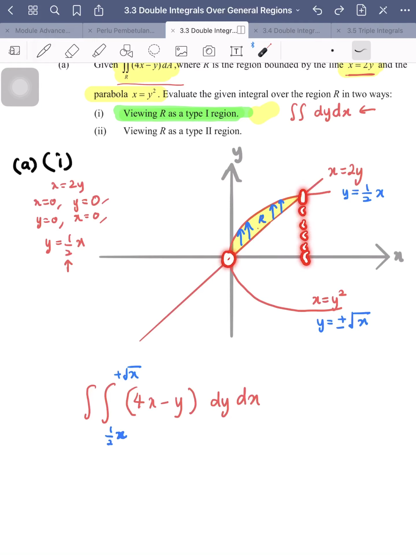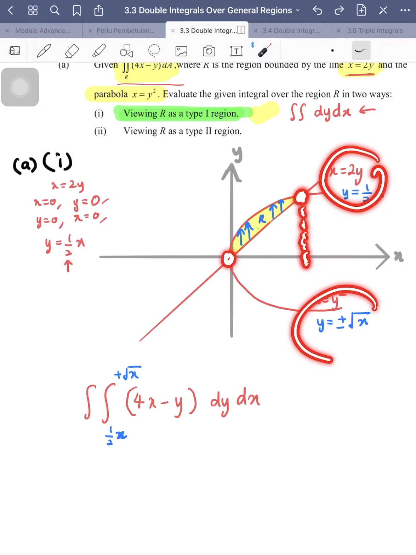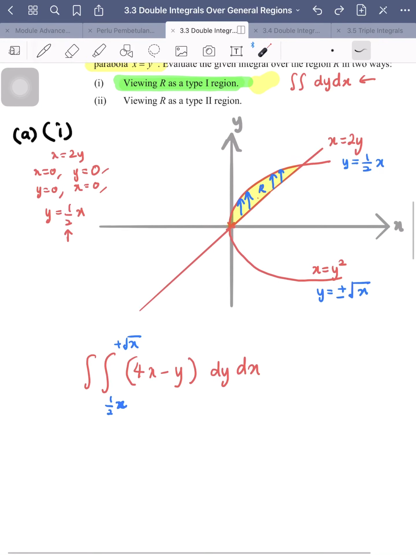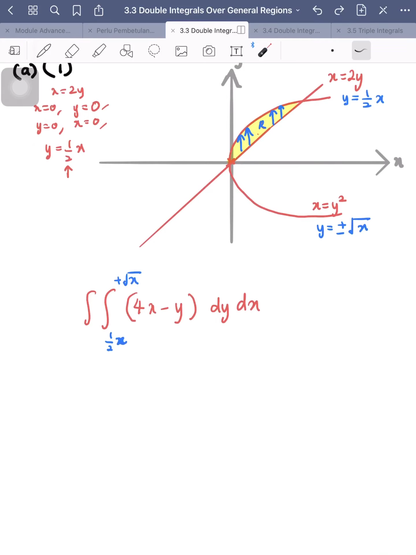This point is the intersection point between the line and the curve. To find the intersection point, you have to solve simultaneously between these two equations.